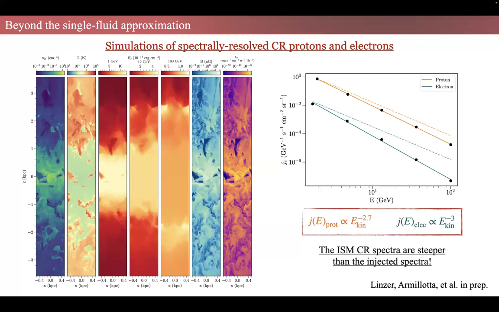As an example, the rightmost panels show the distribution of magnetic field strength and synchrotron emissivity at 6 gigahertz. Now, I don't want to go further on this particular project because this is beyond the topic of my talk. But if any of you is interested in observations of synchrotron emission in our galaxy or nearby galaxies, please come talk to me after the talk.